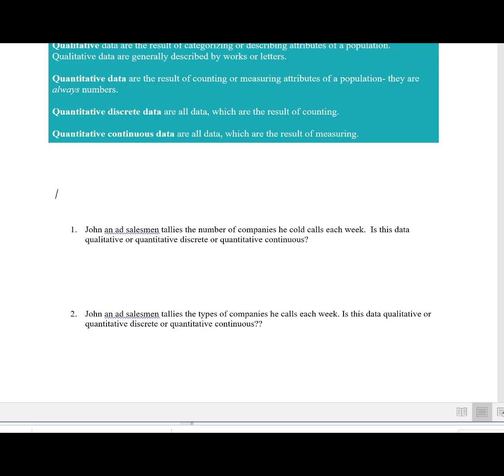That would make this quantitative discrete. Make sense? So this one will be quantitative discrete.